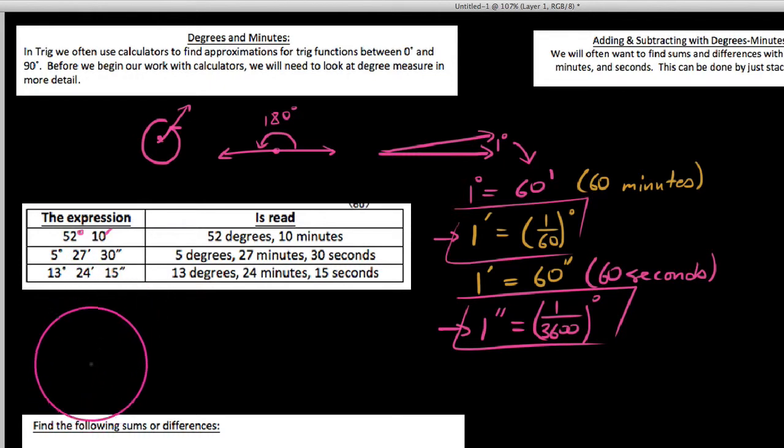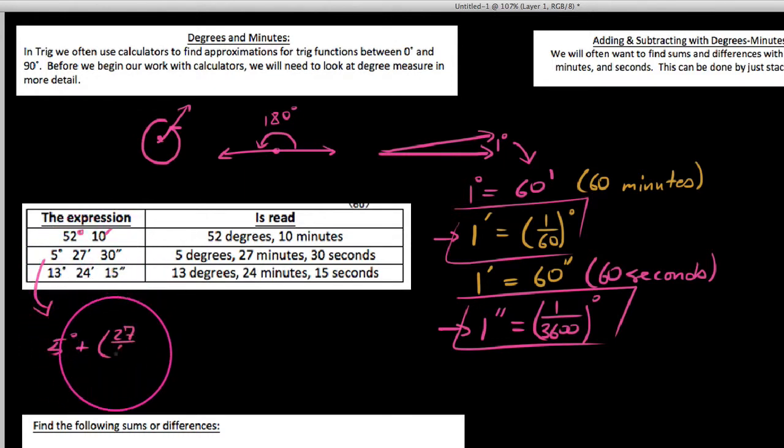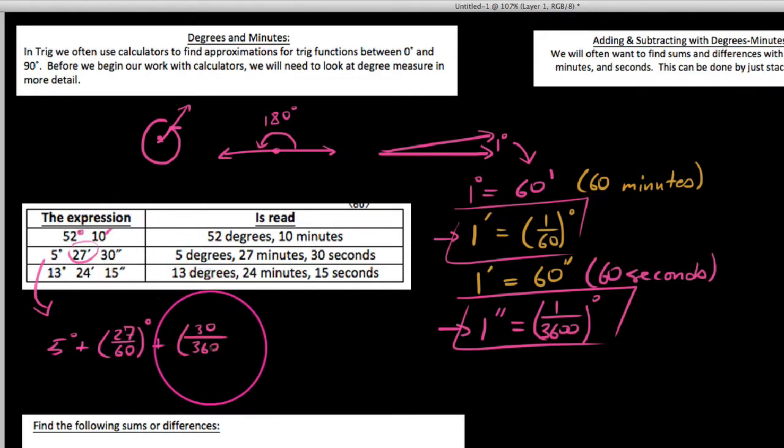In reality, we're really saying 5 degrees plus 27/60ths of a degree, because that's 27 minutes, plus another 30/3600ths of a degree. This really represents the same thing; we're just getting really small with our fractions.